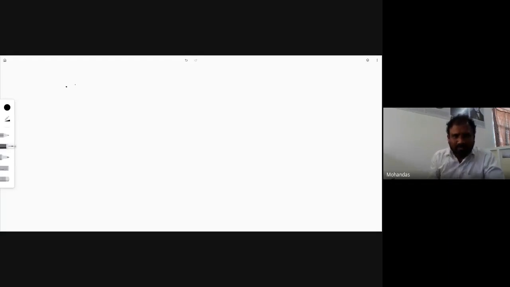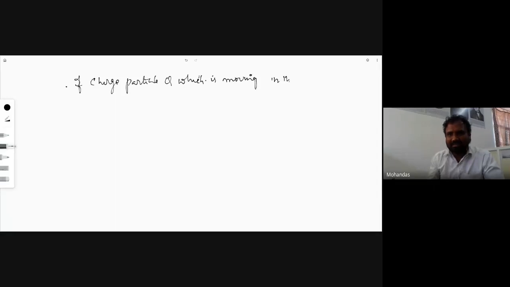If a charged particle Q is moving in the presence of magnetic field B, how much force is exerted here?